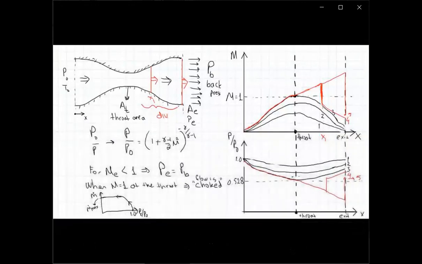Okay. We will reduce the back pressure, or the exit pressure, even more. Then, of course, nothing will change in the upstream condition. Nothing will change here. This is frozen.